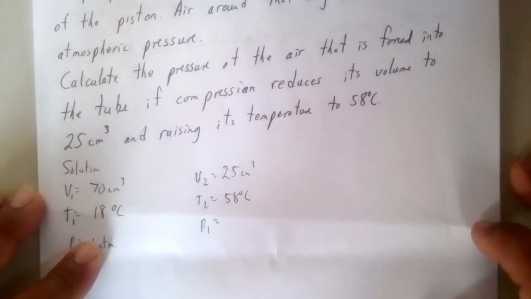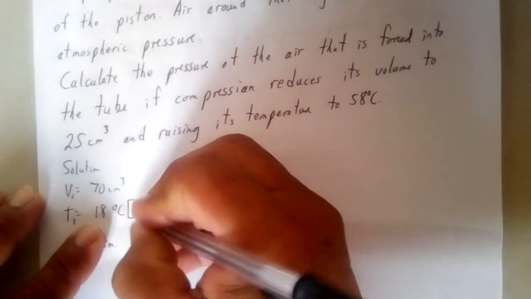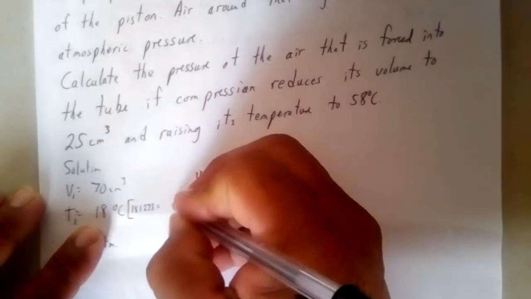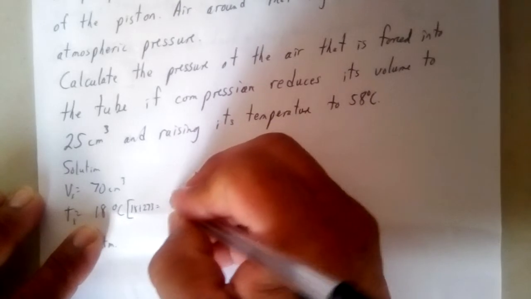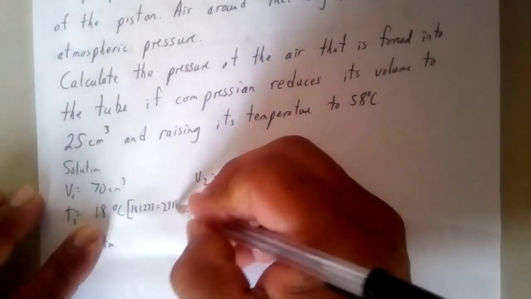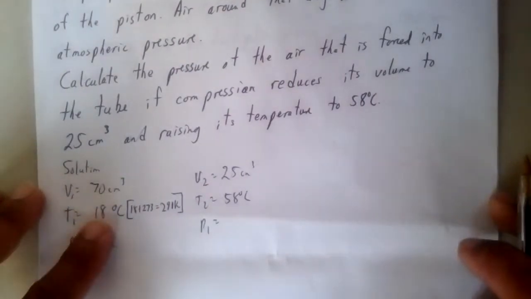But if we want to go from Celsius to Kelvin, we'll just take this value and add 273. So for this piece here, we put 18 plus 273, and that gives us 291 Kelvin.